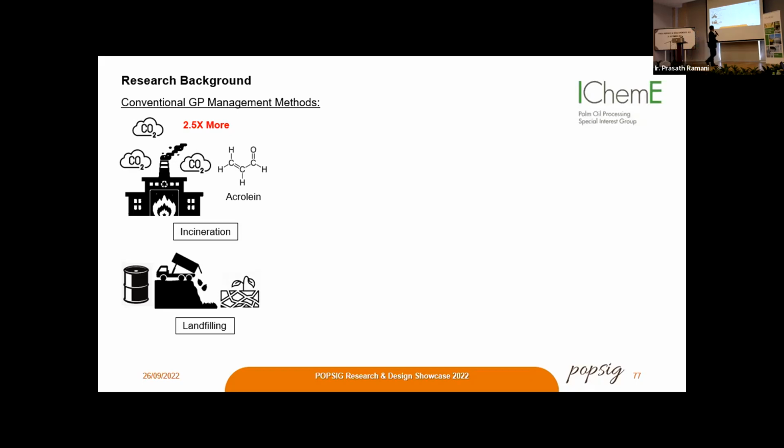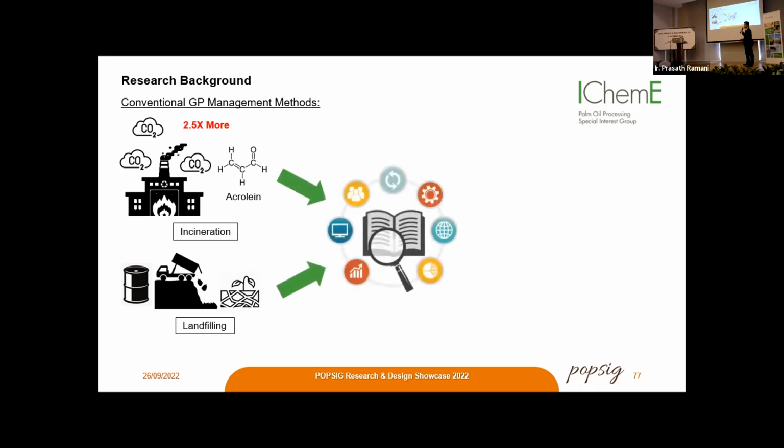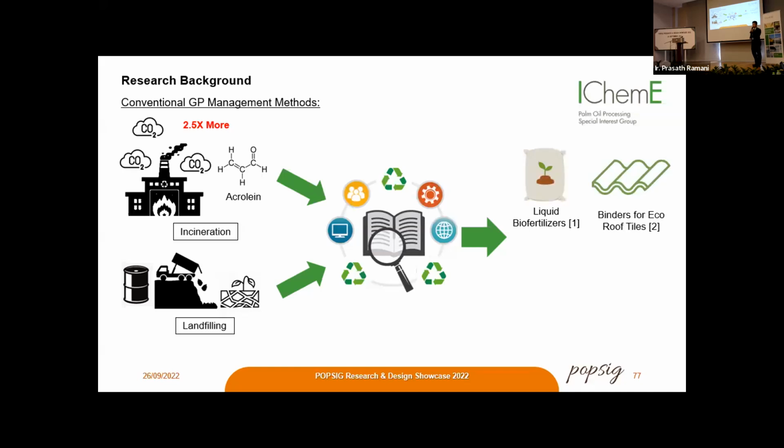These negative environmental impacts sparked various researchers to focus on the resource recovery of glycerin pitch, including using GP as liquid biofertilizers and as binders for eco-roof tiles. However, one of the more interesting resource recovery studies has shown that GP can be used for bioplastic production such as polyhydroxyalkanoate, or PHA.